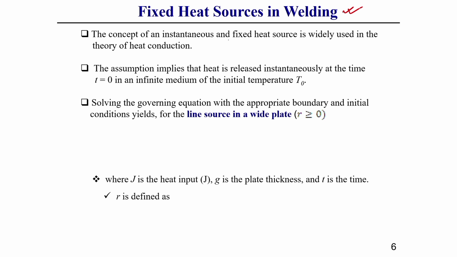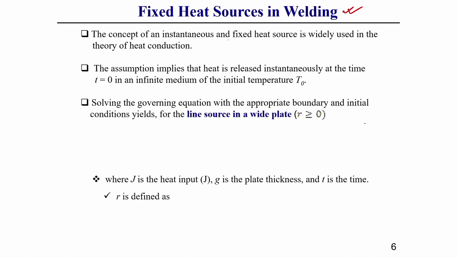I will not derive these here, because the derivation of one solution would take one lecture. There are multiple solutions, so I will just show how this solution comes from the governing equation.